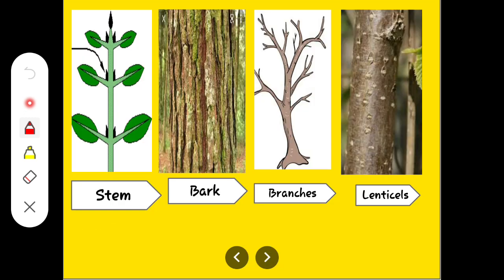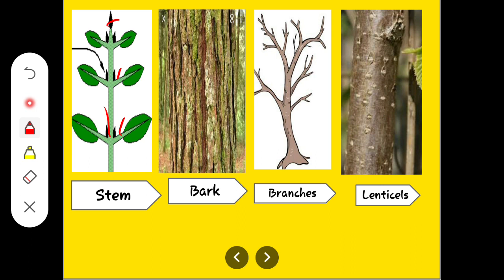So this is the stem. And this one, yung mga nakikita nyong itim-itim, yan yung buds. And this one is the bark. The bark is the outer covering of the trunk.